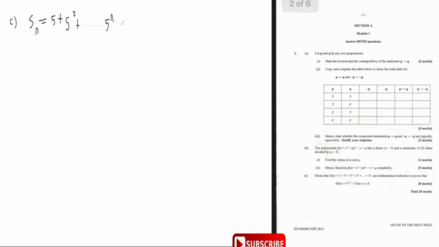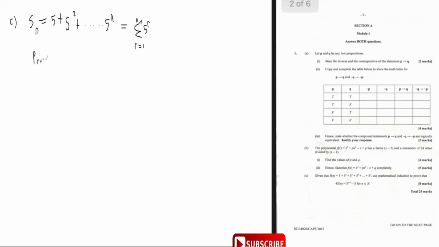In other words, I'm going to rewrite Sn as the sum from r equal 1 to n of 5 to the r. That is Sn.